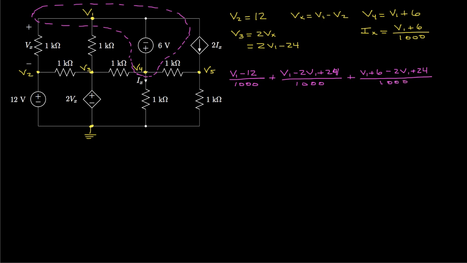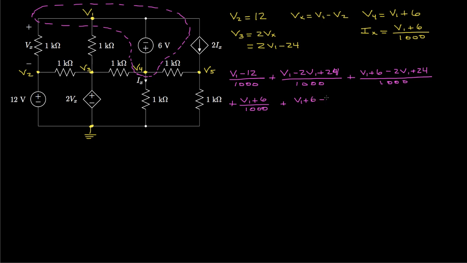Then we have this term, V4 minus 0 over 1000. Again, V4 is V1 plus 6, so we'll add in a V1 plus 6 over 1000. And then we've got a V4 minus V5. So V4 is V1 plus 6.